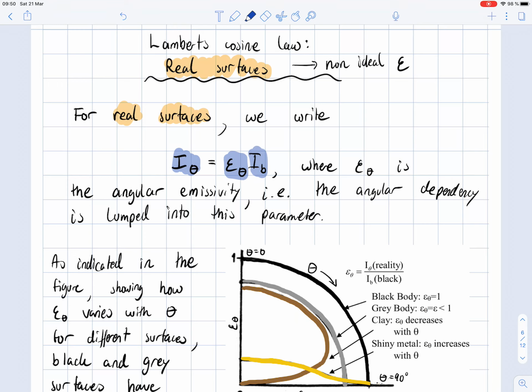This epsilon theta is the angular emissivity, a parameter in which we lump the angular dependency. So rather than having an explicit dependency in the intensity, we put it in a prefactor instead. We're free to do so. It simplifies the formalism quite a lot.